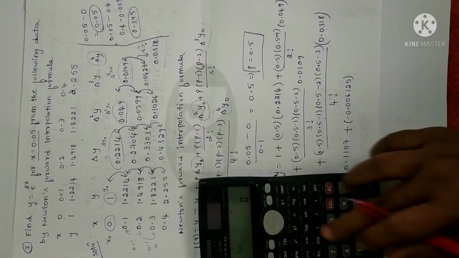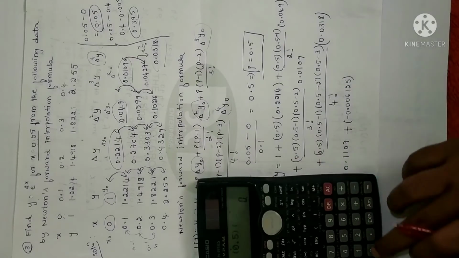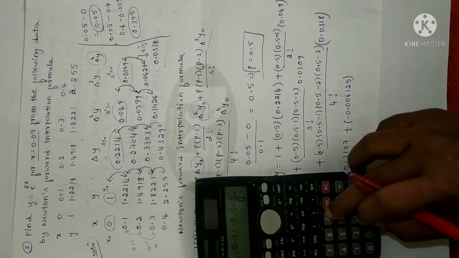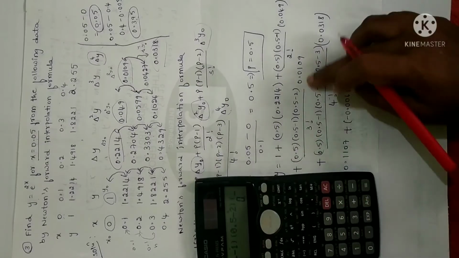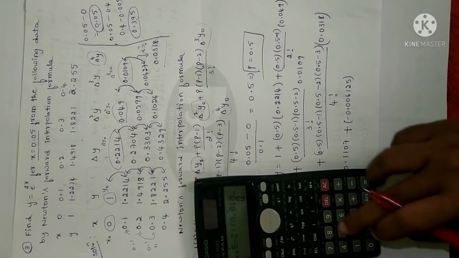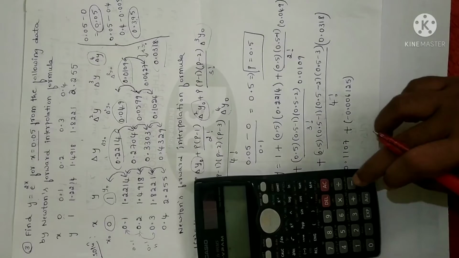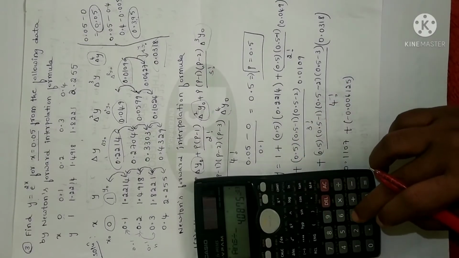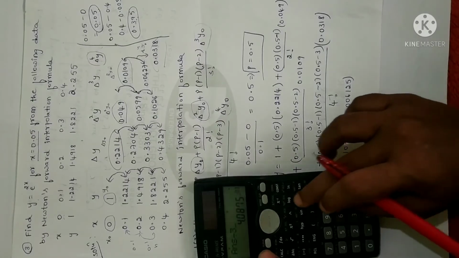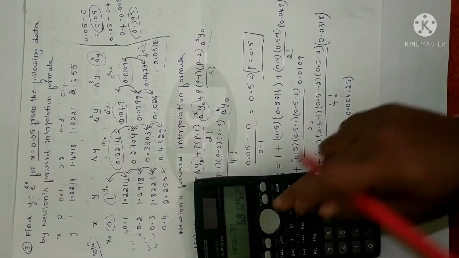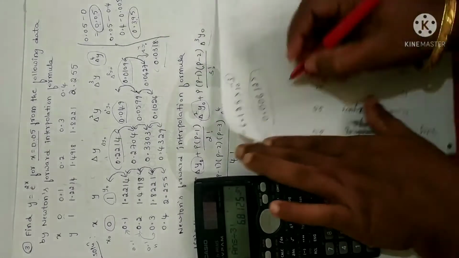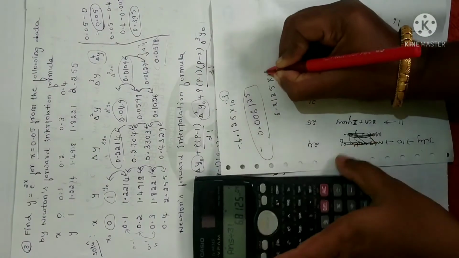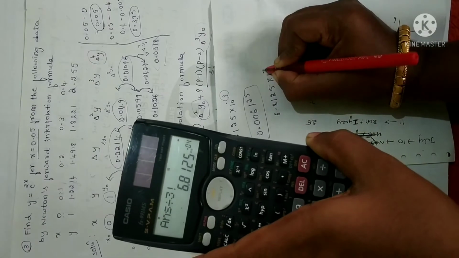See here, 0.5 into 0.5 minus 1 into 0.5 minus 2 into 0.0109, is equal to, divided by 3 factorial, shift button, 3 button, next shift button, this button. That will give you 6.8125 into 10 power of minus 4.